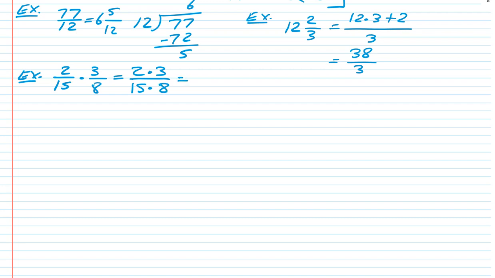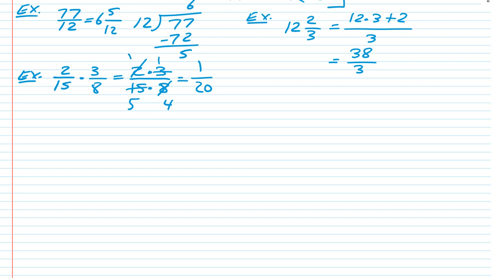Now, you could do 2 times 3, 6, 15 times 8, 120, and reduce it that way. Or the recommendation is to reduce them before we multiply them. There. So that's going to be 1 over 20. 4 times 5 is 20. And there you have it. You get the exact same result if you did 2 times 3, 6 divided by 120.